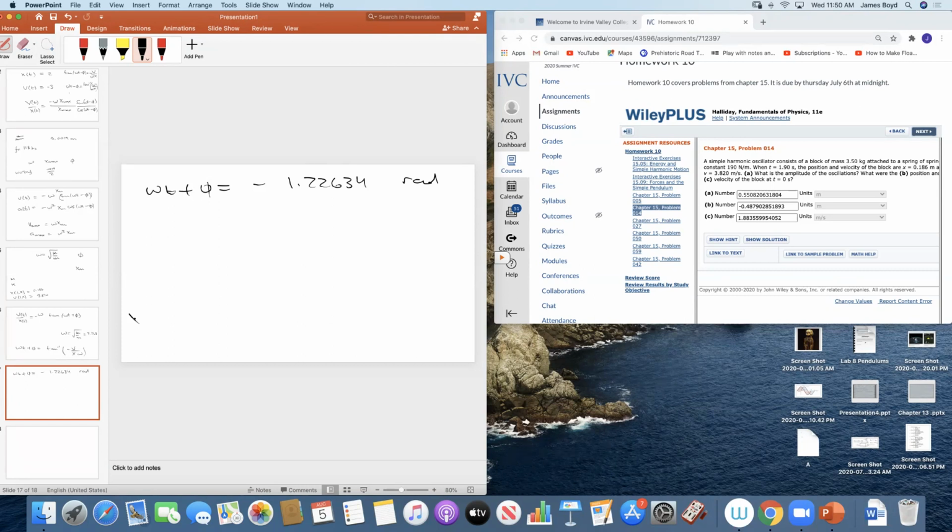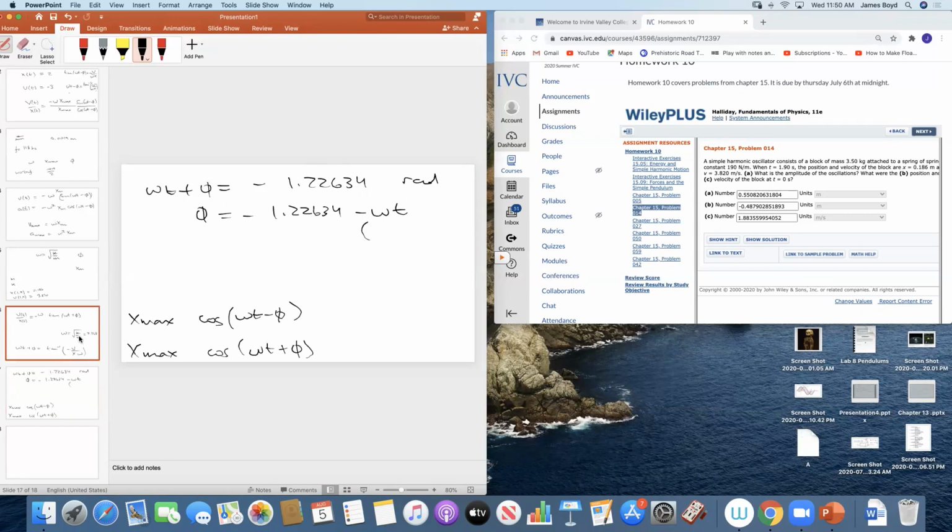Now I need to find phi from this. Remember that when I wrote this, I wrote x max cos of omega t minus phi, and in your book they wrote x max cos of omega t plus phi. So for them, phi is equal to negative 1.22634 minus omega times t, which is 7.368 times 1.9.